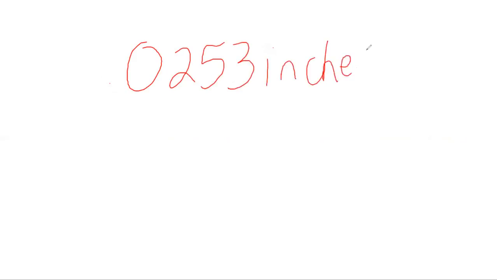Okay, so now let's say that we have some copper wire, and that wire has a diameter of 0.0253 inches. And we need to find that diameter in millimeters. So we're going from inches to millimeters.